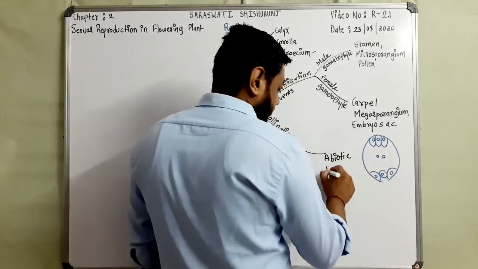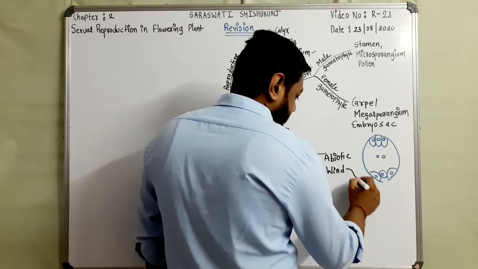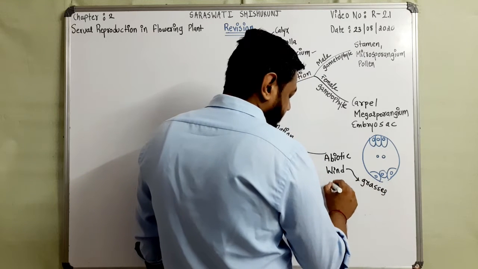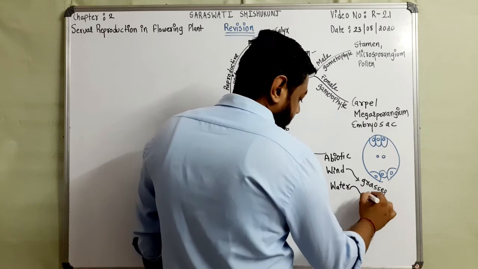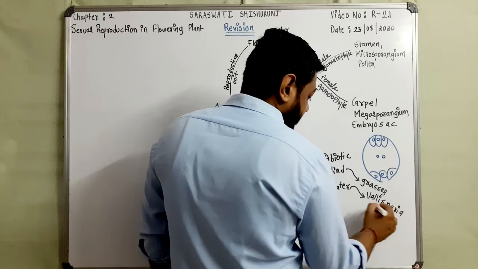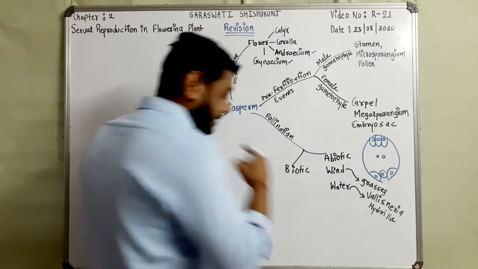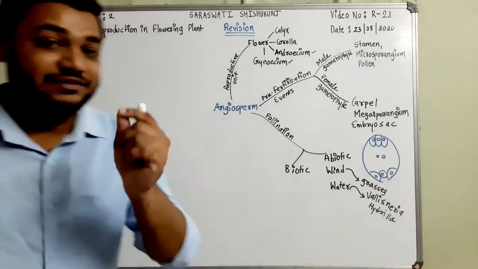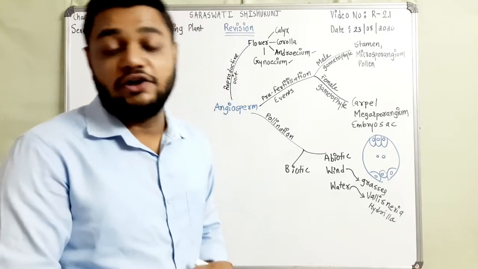In wind pollination, the example is grasses. In case of water, we can say Vallisneria and Hydrilla. These are pollinated by water. Wind pollination is referred to as anemophily. Water pollination is referred to as hydrophily.